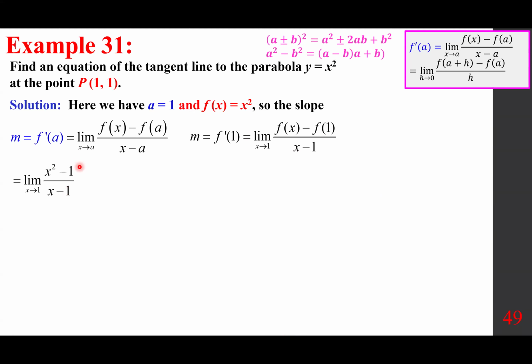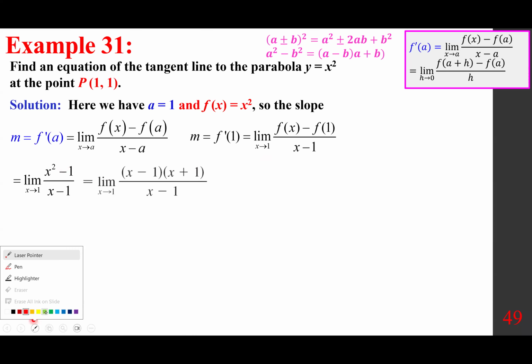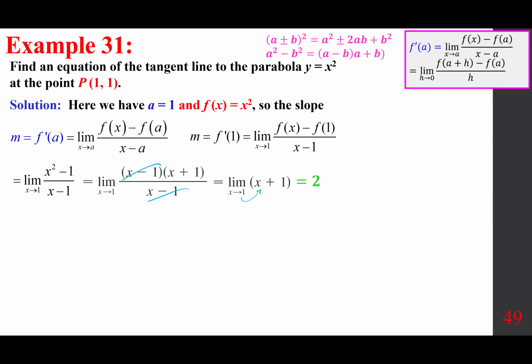Okay, for example, this one is a squared minus b squared, x squared minus 1 squared, a minus b, a plus b. This is x minus 1, x plus 1. So it's the limit of x plus 1 as x approaches 1, and now you plug in, you get 2.